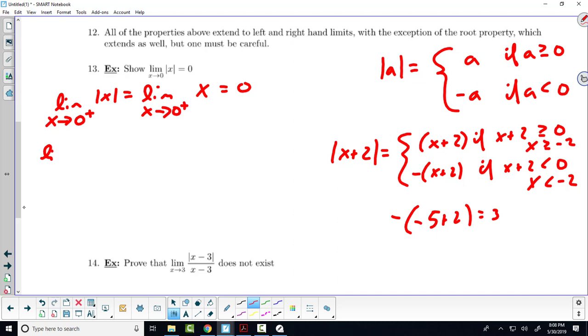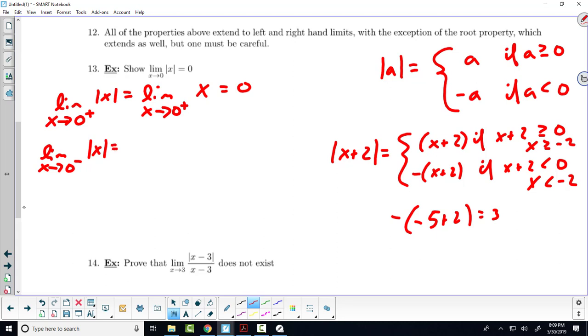Now we need to look at the limit as x approaches 0 from the left of the absolute value of x. So what is the sign on the argument going to be? The sign of the argument, the sign of the stuff inside the absolute value is going to be negative. How do I take the absolute value of a negative expression? Change the sign on it. Okay.